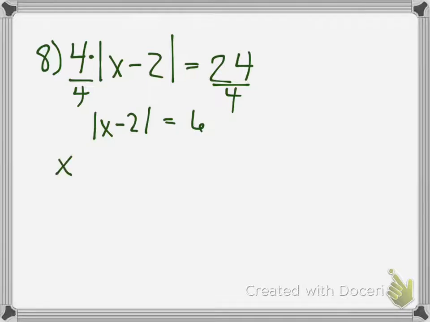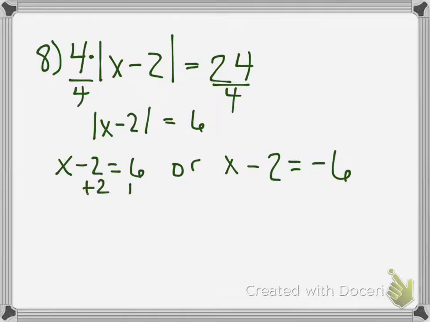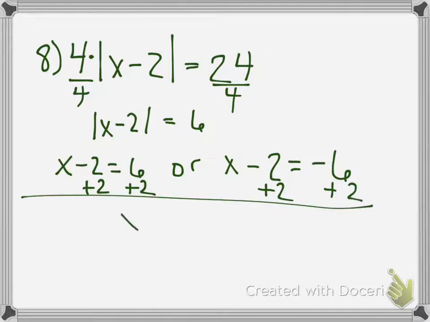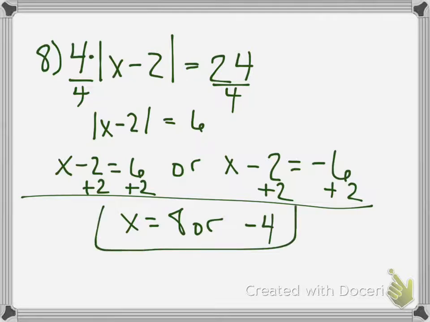And then you can drop it and say x minus 2 equals 6, or x minus 2 equals negative 6. What's the opposite of a minus? Plus. And then you'll have your 2 answers. So x is equal to 8 or x is equal to negative 4. And there you go. All done. Easy peasy. Not so bad, right?